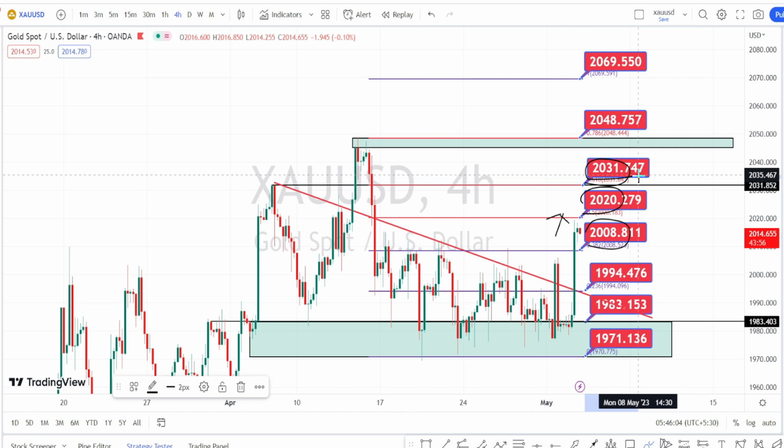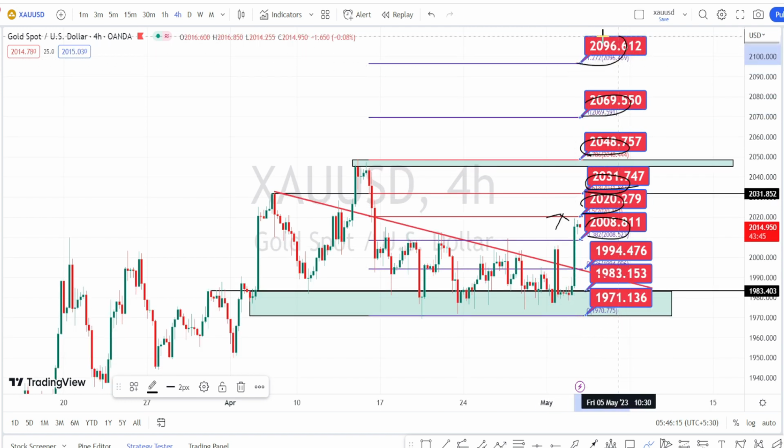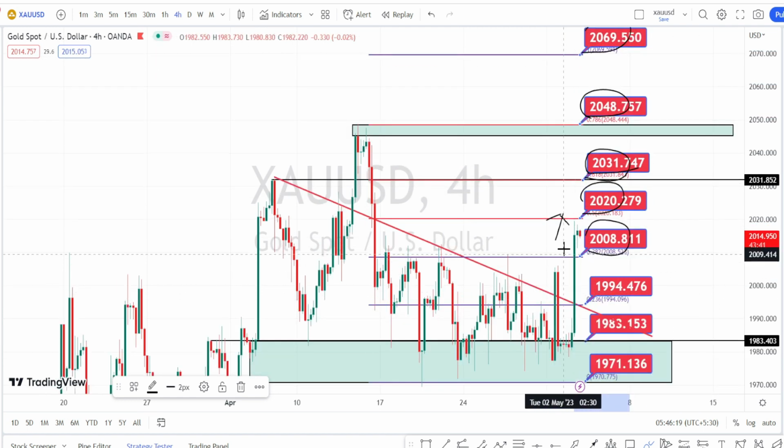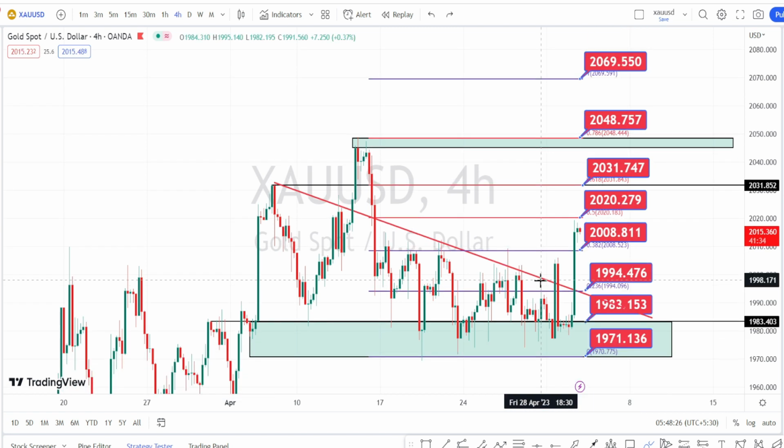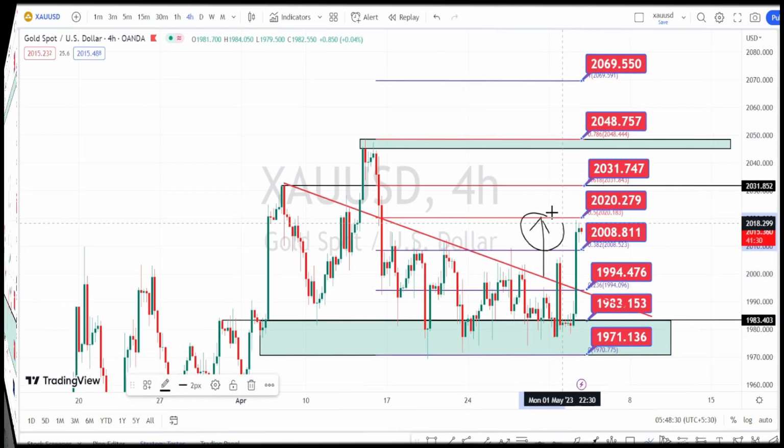And once this resistance level is breached, next level of resistance is going to be around 2048, 2069 or 70 and 2096. And on the bearish side, if the price action breaks this previous support level of 2008, next level of support is going to be around 1994, 1983 and 1970. So currently the price action in 4 hours time frame is on a bullish side retracement.